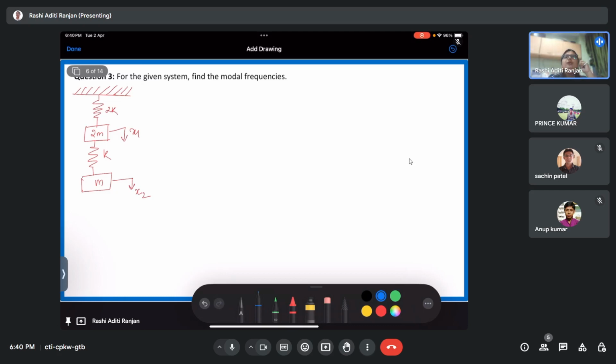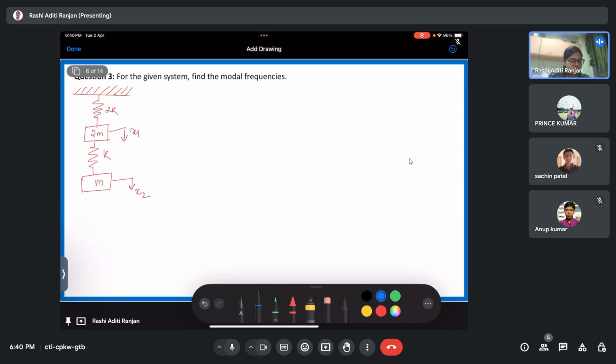When we see here that my equations are coupled, which means they are dependent on each other, through modal analysis we try to decouple our equations and then find out how the system is going to behave. We know that there are 2 degrees of freedom, so it will have two natural frequencies. But how do I know what those natural frequencies are? That is why we do the modal analysis, and that is why we try to find out the modal frequencies.